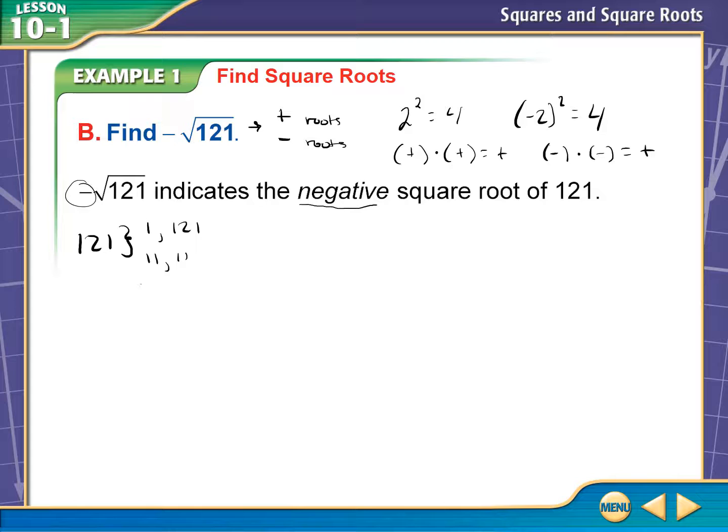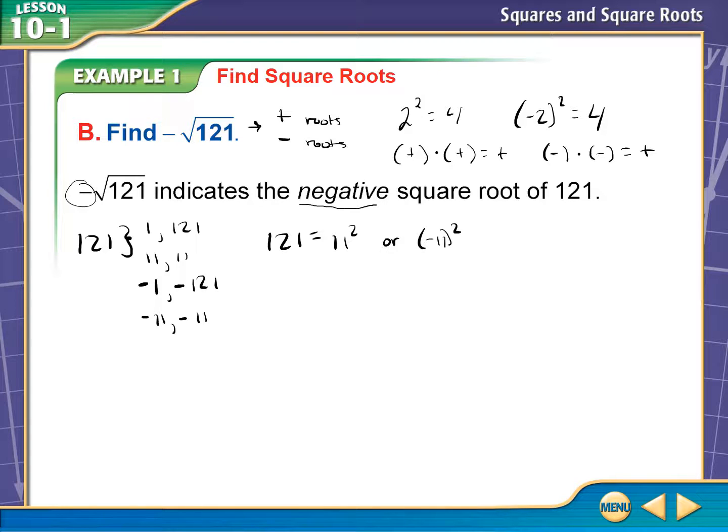It could be negative 1 and negative 121. That would get me positive 121. It could also be negative 11 times negative 11. So I see that 121 could be 11 squared, or it could be negative 11 squared.